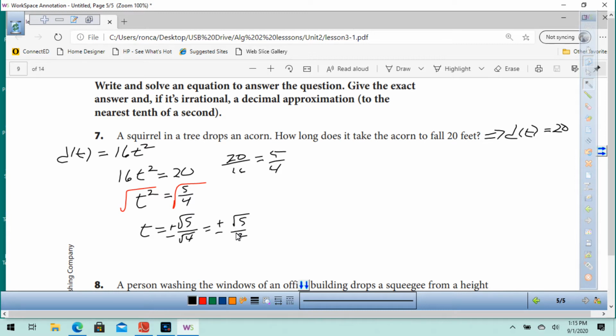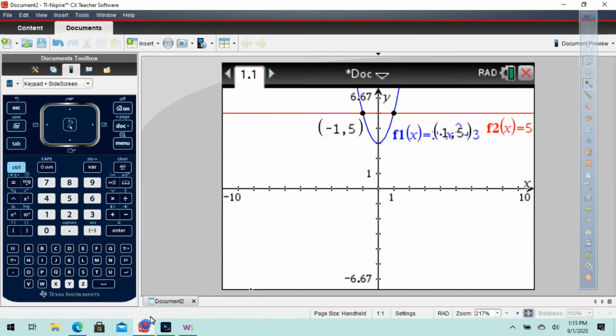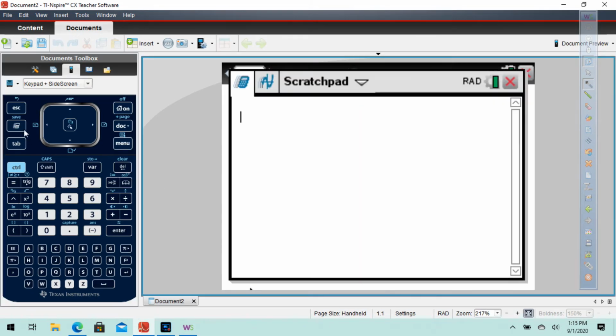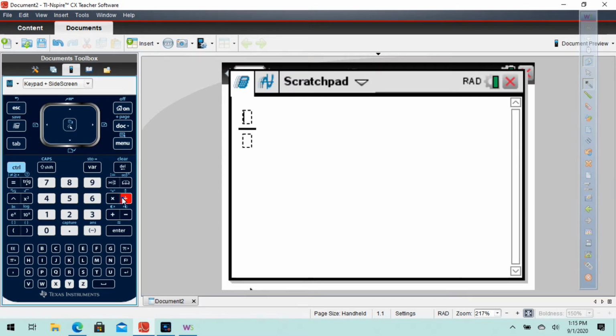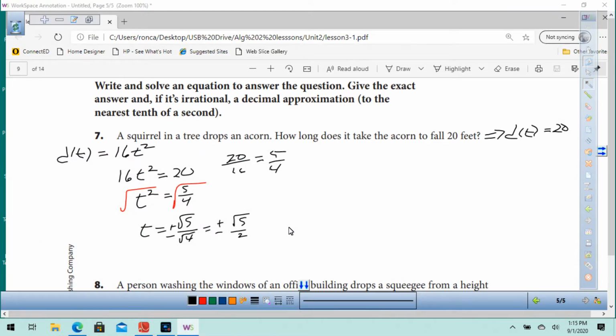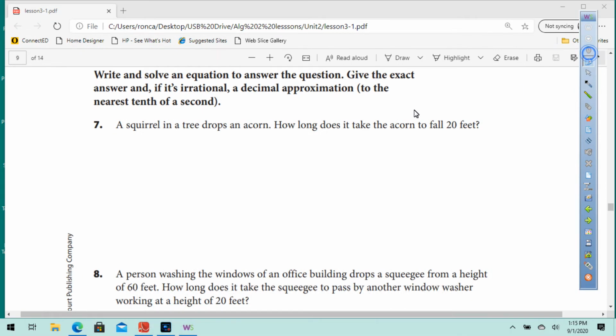Just looking at this, do you know how long that is? Does that make sense to you? Probably not. So let's go to our calculator, and we got the square root of 5 over 2, and we got 1.118. So we're going to say t is approximately 1.1 seconds. All right, so when that squirrel drops that acorn, you got 1.1 seconds to get out of the way if it's 20 feet up.